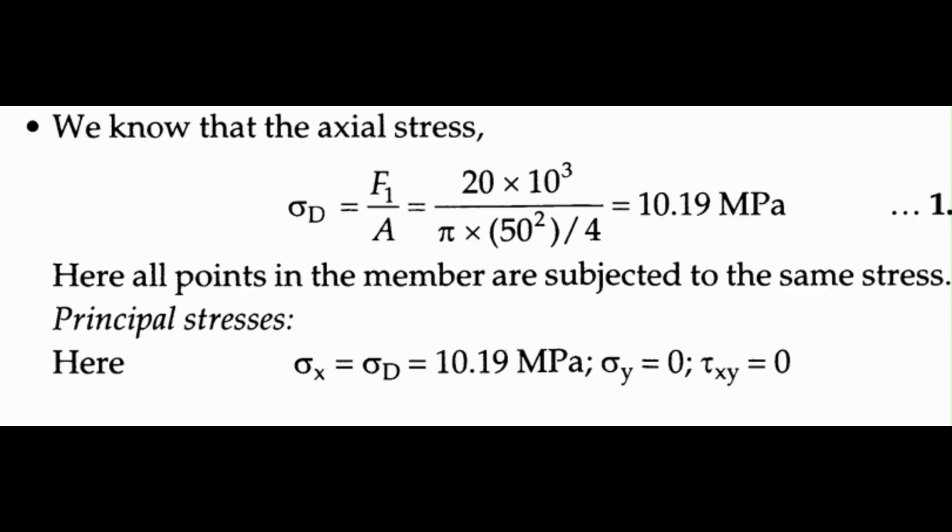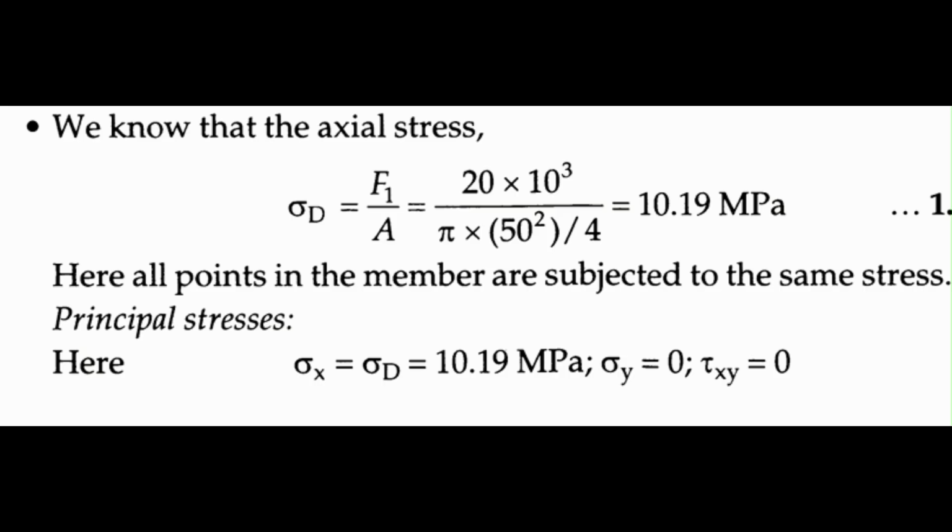For an axial load condition, if it is a tensile load and you don't have any other external forces, the force will be uniformly distributed along the length of the body. So all the points in the member are subject to the same thrust. If you take any cross section, each cross section would have the same value, 10.19. That is the condition for a direct stress, whether compressive or tensile. That means axial stress.